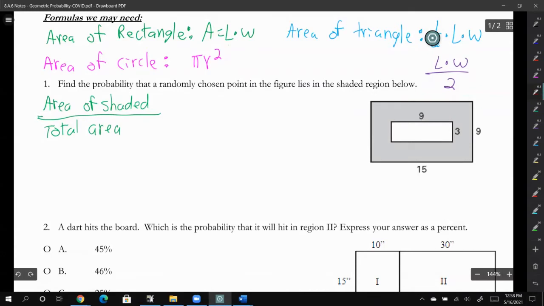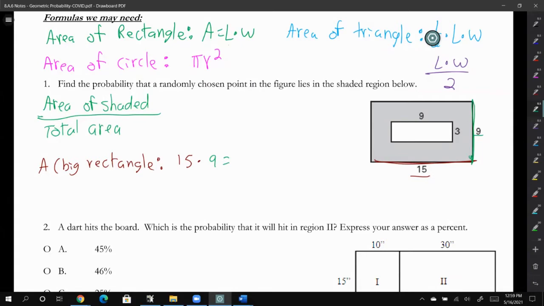So the area of the big rectangle, I'm going to abbreviate with A, is 15 times 9. If I type that into the calculator, that's going to give me 135.